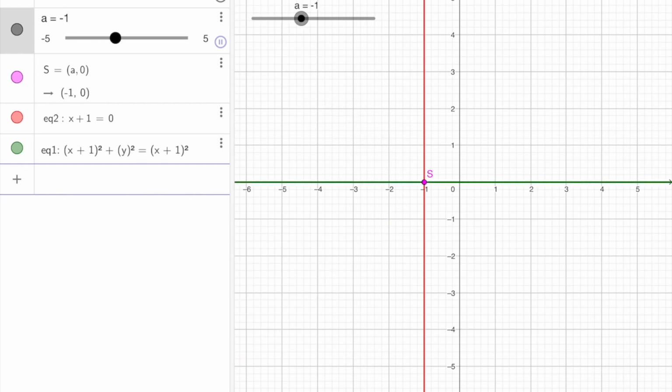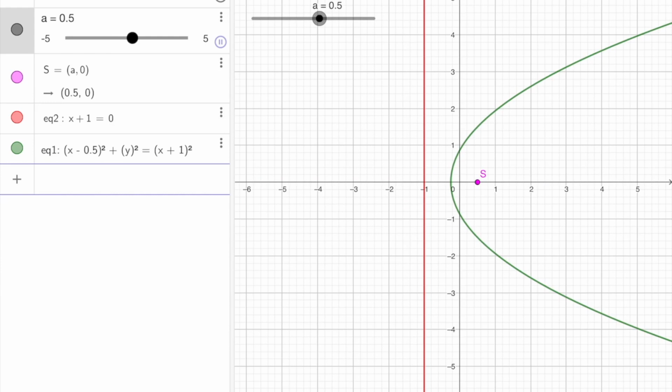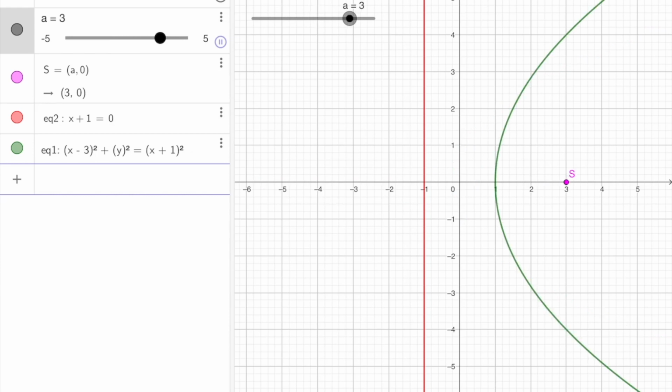Now you see, if I take a equal to minus 1, that green curve happens to be this x-axis, a straight line, the line passing through the focus and perpendicular to the directrix. But for any a other than minus 1, you will get a parabola.